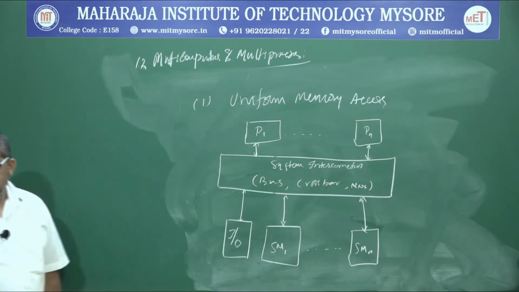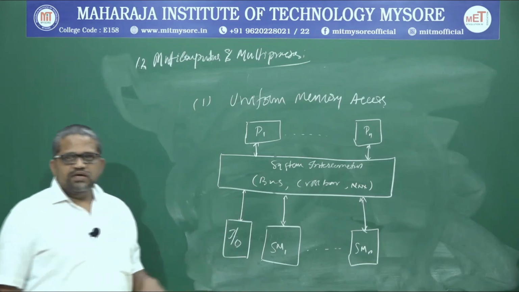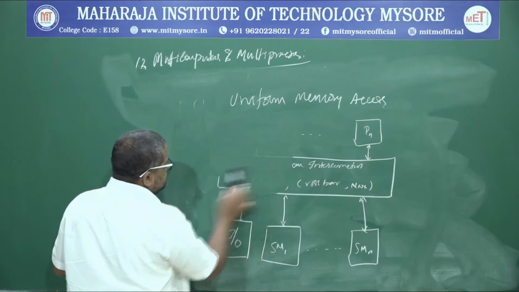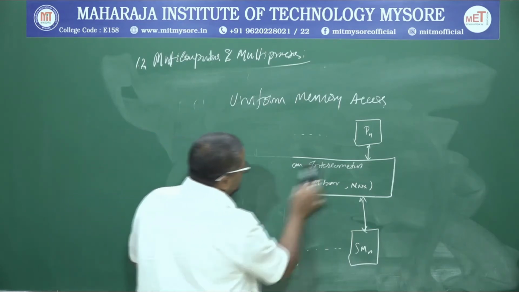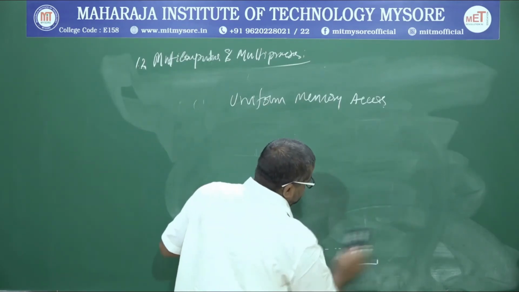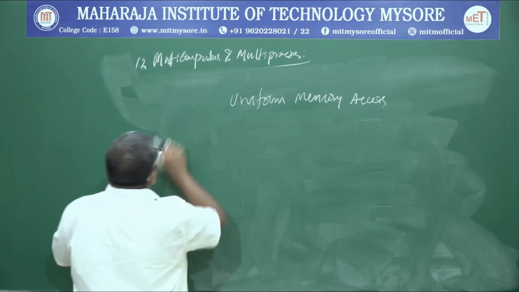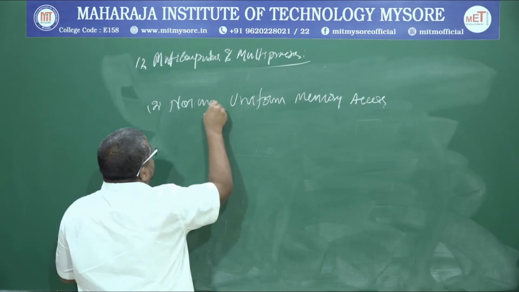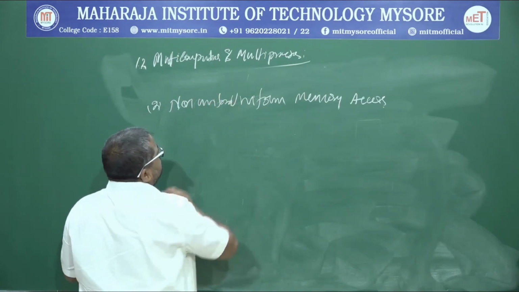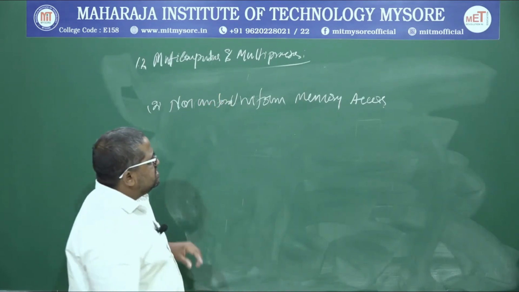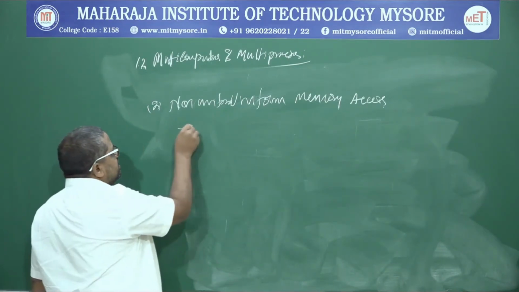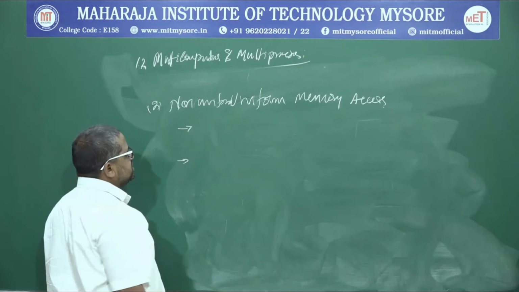Clear? Right. We will go to the next one, the non-uniform memory access model. Again, there are 2 approaches here.